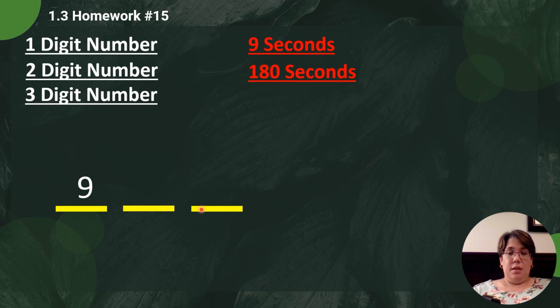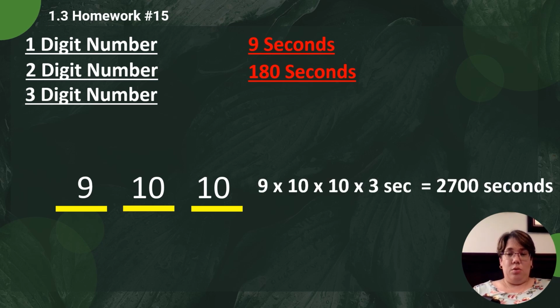So you're going to have 10 different digits here and 10 different digits here. So you're going to have a total of 9 times 10 times 10, and because this is a three-digit number, it's going to take you 3 seconds to write it. So multiplying all of this out, it's going to take you 2,700 seconds. Okay, so three-digit numbers are going to take you 2,700 seconds.